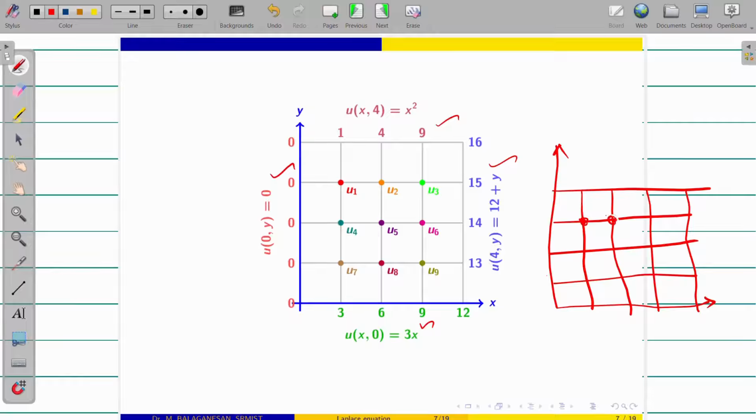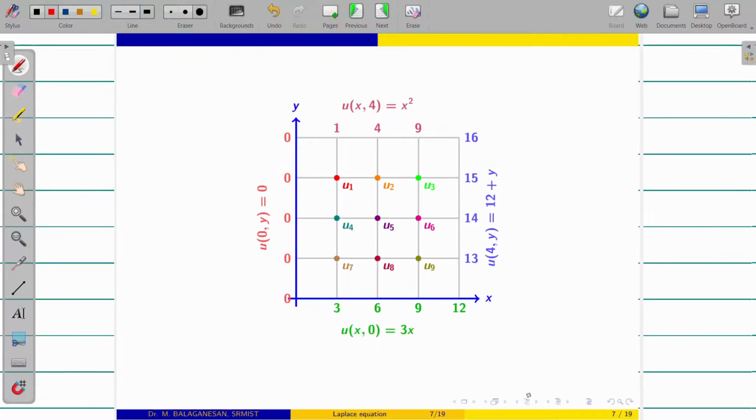We have to find the temperature distribution inside the plate, at the mesh points or grid points, as they call it. ∂²u/∂x² + ∂²u/∂y² equals zero is nothing but the two-dimensional heat equation in steady state. Right. This one only I have given here in the diagram.